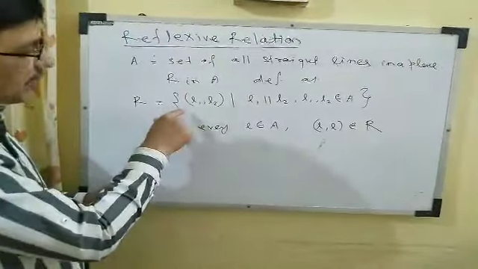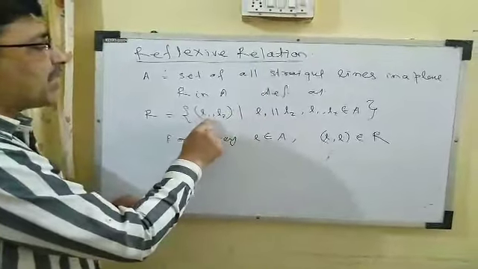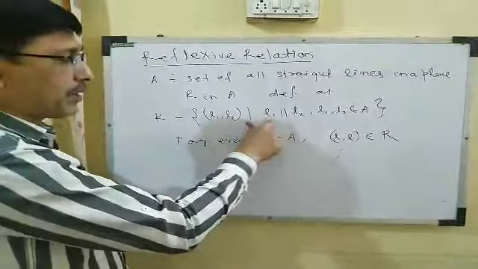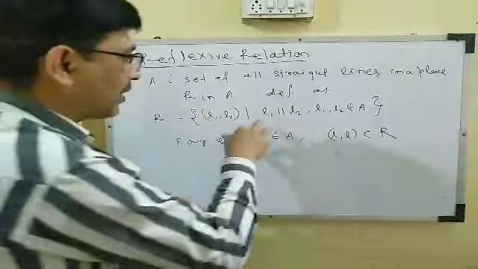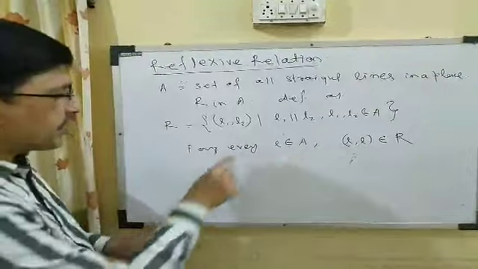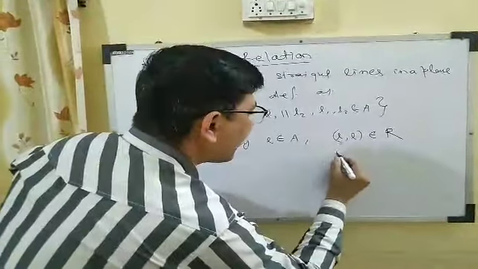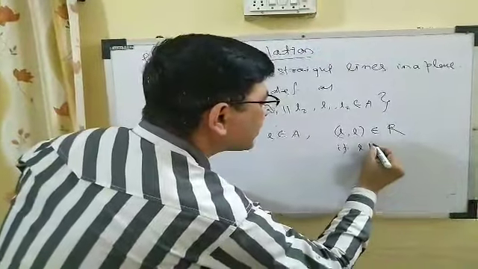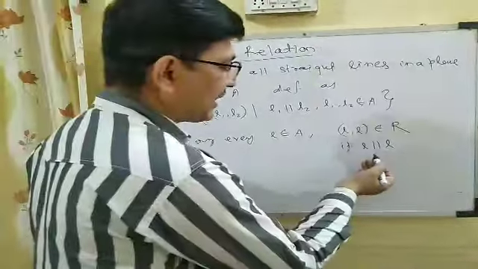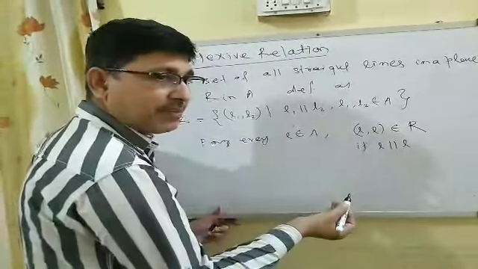Now the relation you can verify here. You can see (L1, L2) is an element of R only when L1 is parallel to L2. That means under what condition will (L, L) be an element of R? This (L, L) will be an element of R if L is parallel to L. So we can clearly state that every line is parallel to itself.